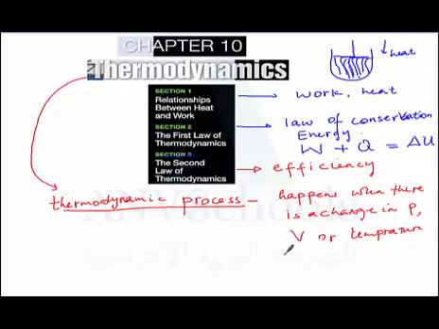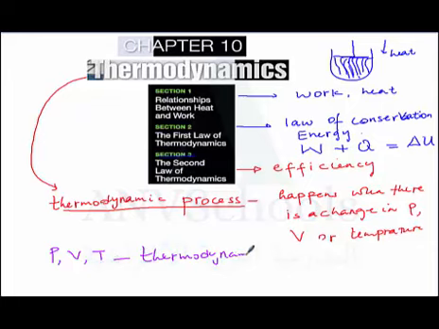Whenever there is a change in either of these parameters or two of these parameters, the process will take place, and that process is called a thermodynamic process. The pressure, volume, and temperature are called thermodynamic coordinates.